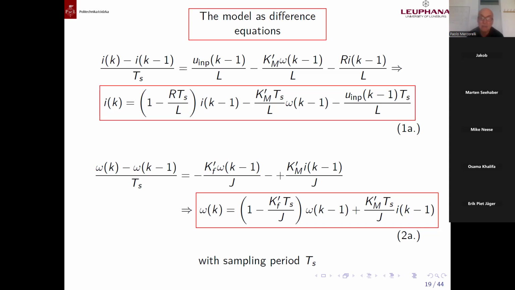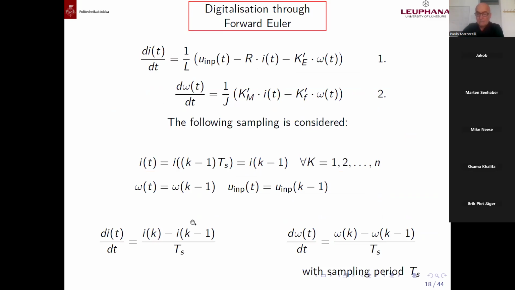The same consideration can be done for the dynamics of omega. Where this equation comes from is easy. We can plug in these two equations at the bottom into the equation, and everything which is in terms of t can be changed in terms of k.